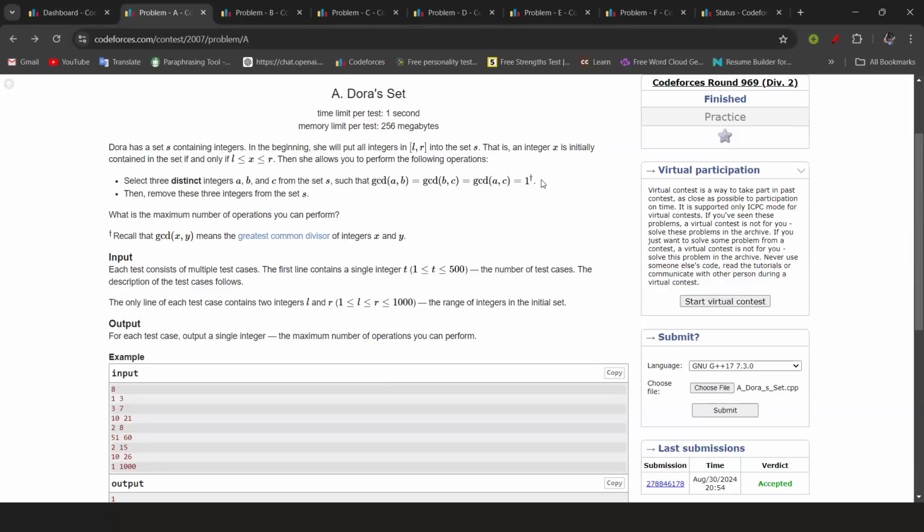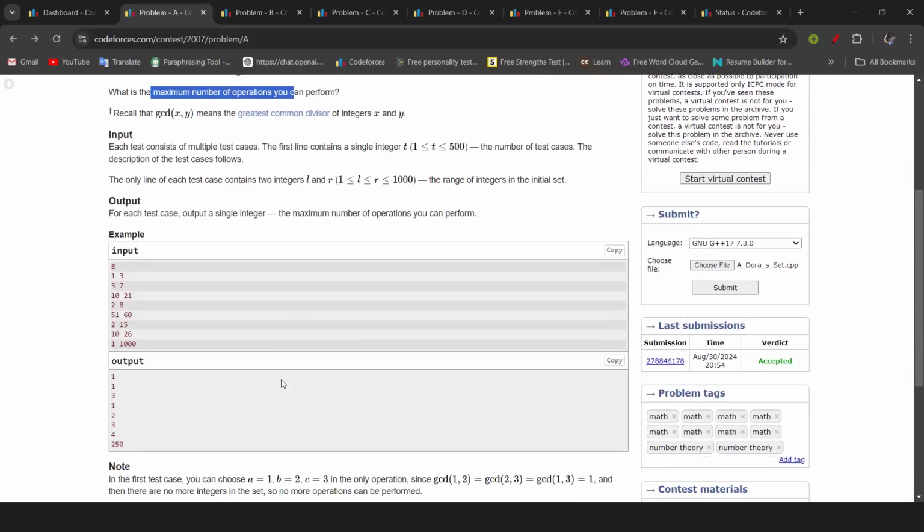GCD of AB is 1, GCD of BC is 1, GCD of AC is 1. So all the 3 integers are co-prime with each other. If the 3 integers satisfy that condition, you can pick these 3 integers and remove them from the set. That would be one operation. What is the maximum number of operations you can perform, that is asked in the question.